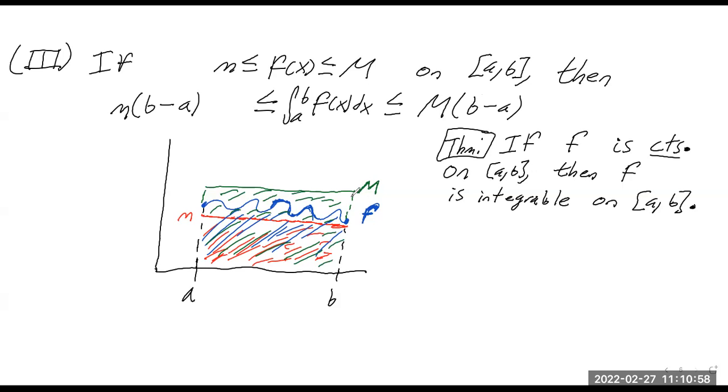So the area underneath the little m, is that more area than the area underneath f? No, right? Well, the area underneath f is just the integral from a to b of f. But the area underneath m, you could think of it as the integral of little m on a to b, but you could also note that this is a rectangle with width b minus a and length little m.